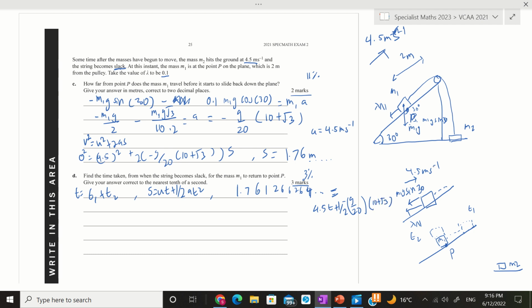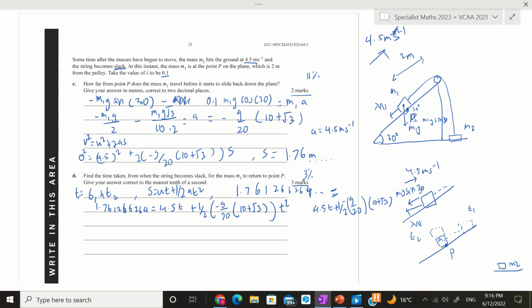So 1.761266 is equal to 4.5t plus half times minus g on 20 times 10 plus root 3, times t squared.